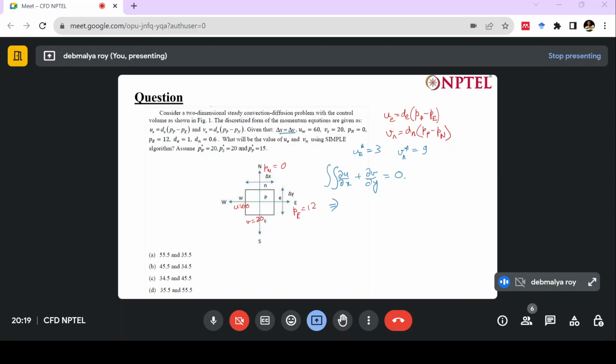Since it is equal to 0, we can cancel it out, and here we can simply write it as this function plus Vn minus Vs, and Ue minus Uw is equal to 0.